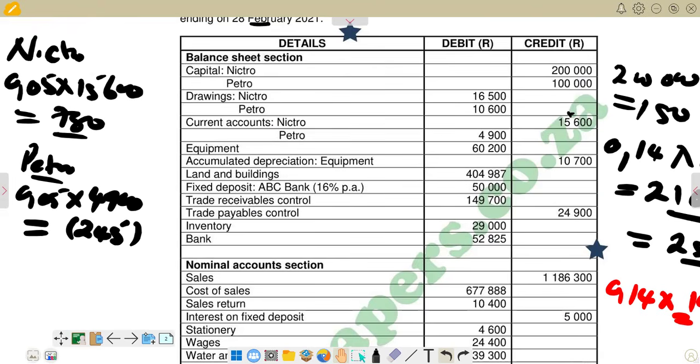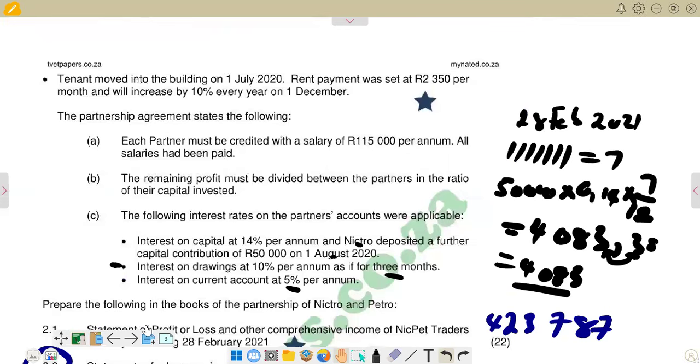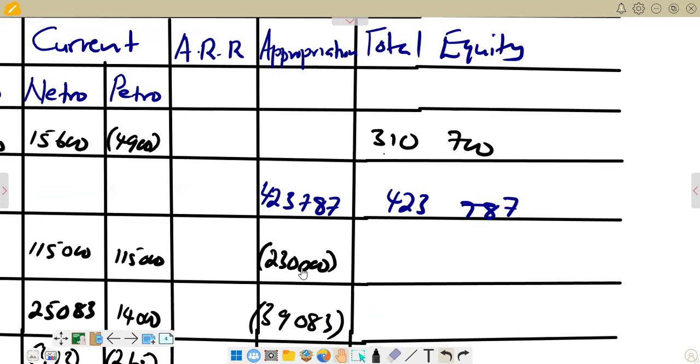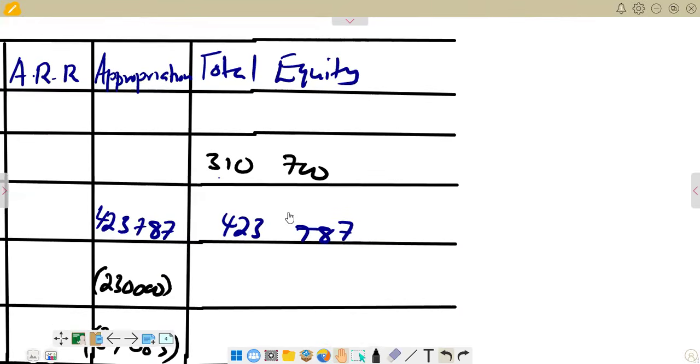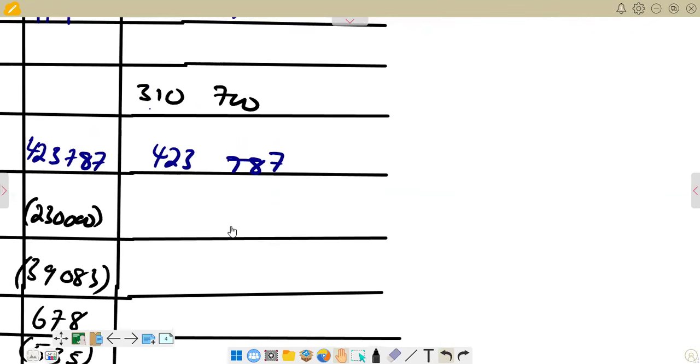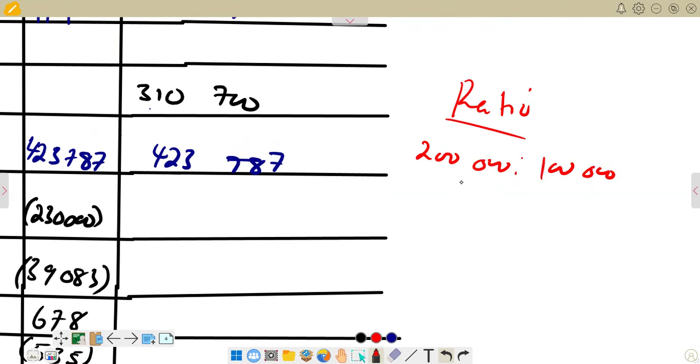So we come here. We are saying the ratio is 200,000 is to 100,000. So if you divide both sides by 100,000, you get 2 is to 1.